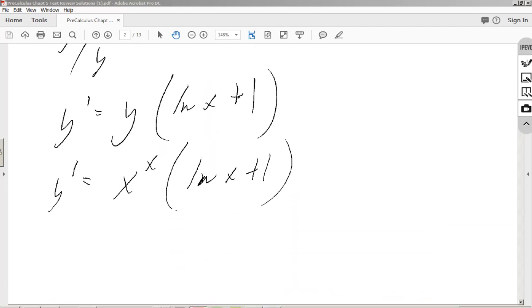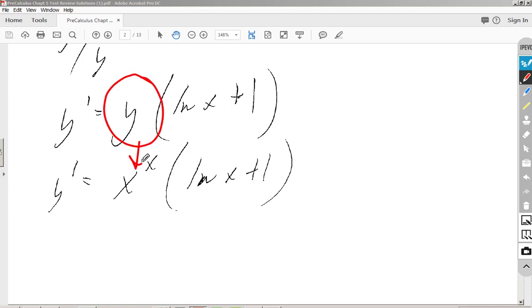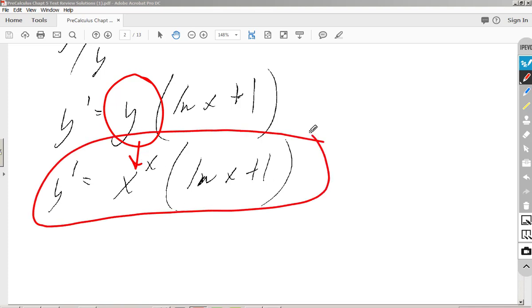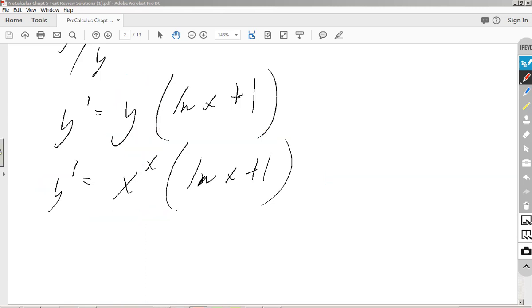So now I replace my y with x to the x, and I get y prime equals x to the x times the ln of x plus 1. And that would be the answer to number 2.